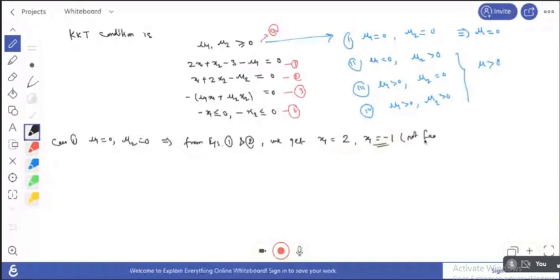Okay, this is not feasible because our x1 is greater than 0 and x2 is also greater than 0. So this solution is not feasible.